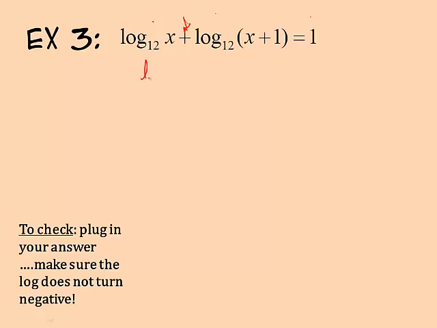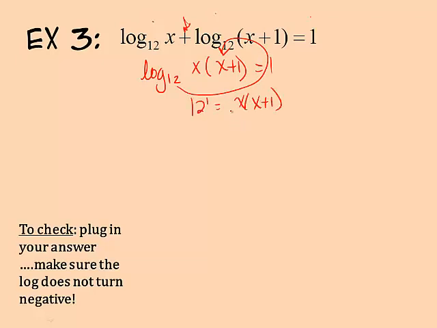So let's do this. So I have the log base 12 of x times x plus 1 equals 1. And then I need to swirl it to get rid of the logarithm. So 12 to the first power equals x times x plus 1. Now, if I multiply this out, I get x squared plus x, right?